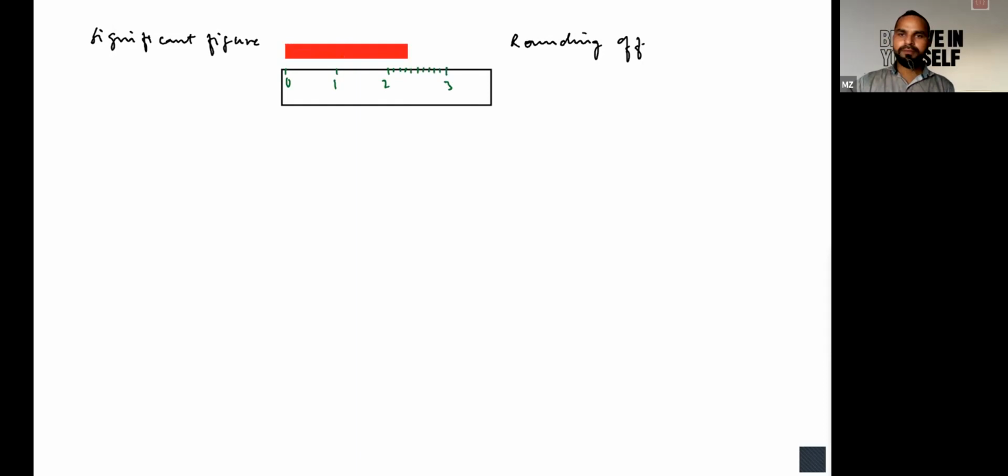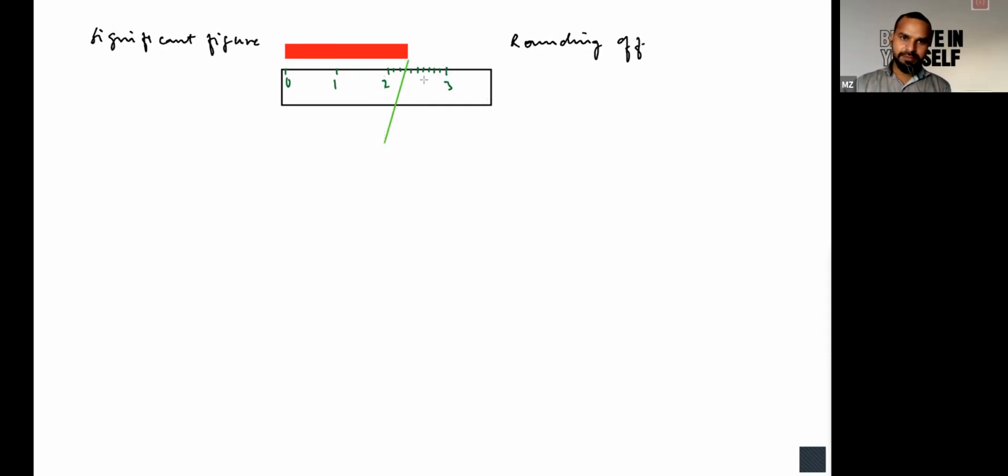So if you observe this particular length using this ruler, the observation may be of different types depending upon the observer. If someone observes it from this inclination, you will observe 2.3 for this measurement.